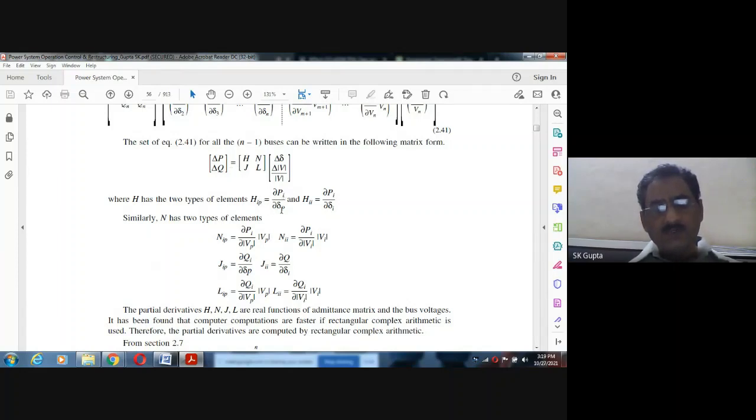HIP is del P by del delta, and HII is del Pi by del delta i. Similarly, L was del Q by del Vi, then LIP was del Q by del Vp, and LII is the diagonal element of that. I think you understand this. If this is clear, then we can go ahead.